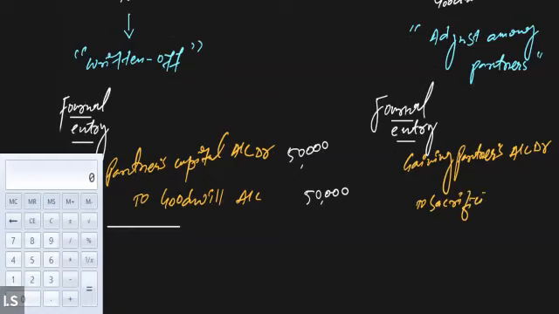This is the adjustment entry if it is self-generated or self-valued goodwill.